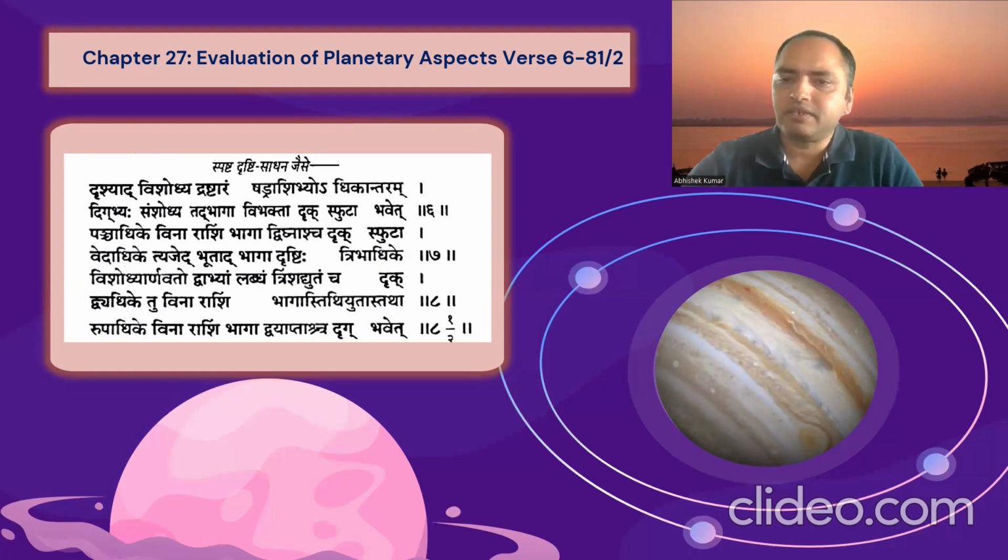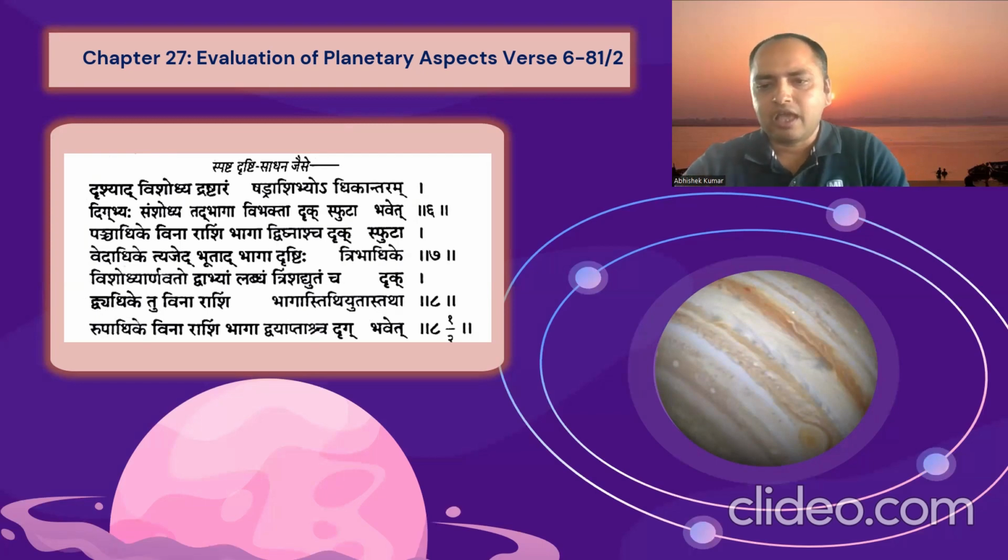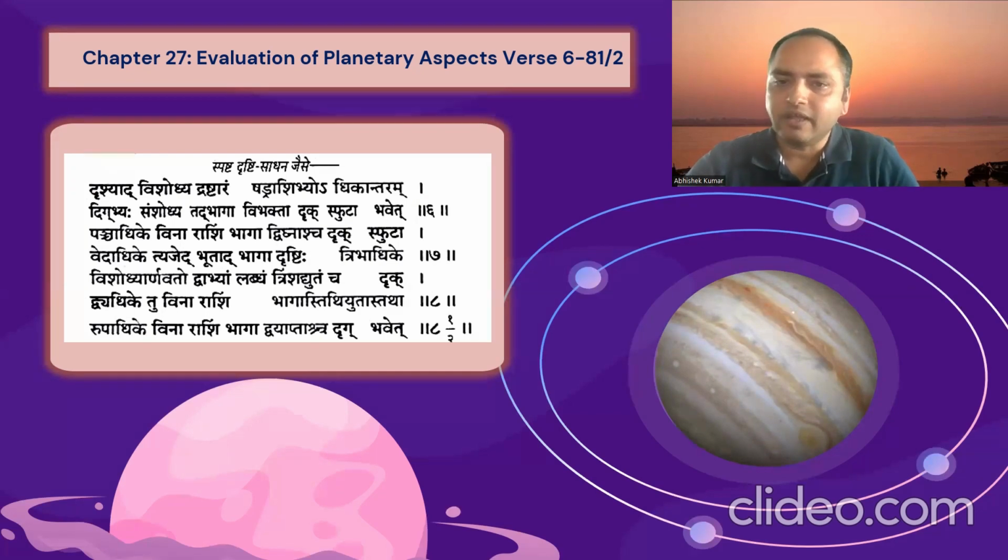And the planet which is being aspected, Maharshi is calling Drishya, the aspected. So there is a relation between the aspector and the aspected. And then Maharshi will reveal the technique of how we calculate the intensity, the aspectual value.